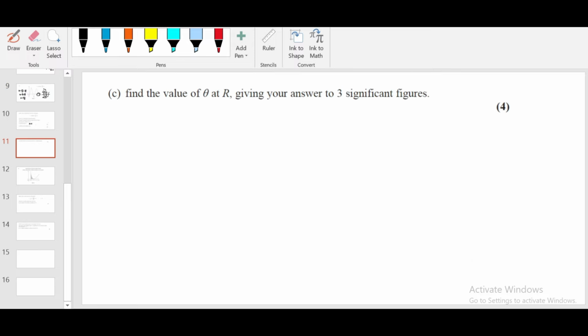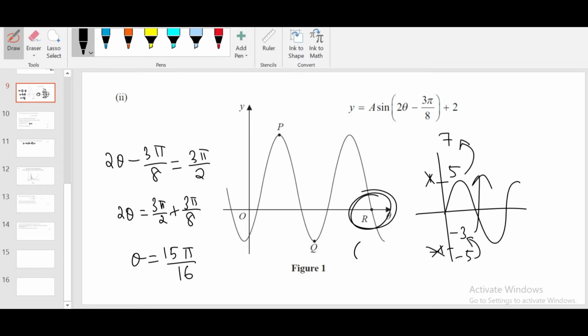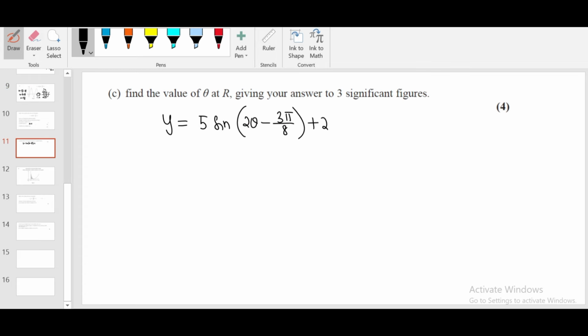So we take the original equation, y is equal to 5 sine 2 theta minus 3 pi over 8 plus 2. The y coordinate of R is 0. We don't know the x coordinate. So replace y by 0 here. So 0 is 5 sine 2 theta minus 3 pi over 8 plus 2.